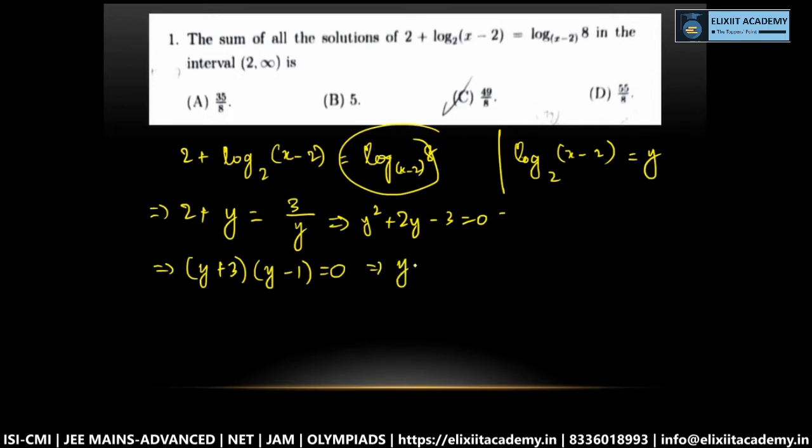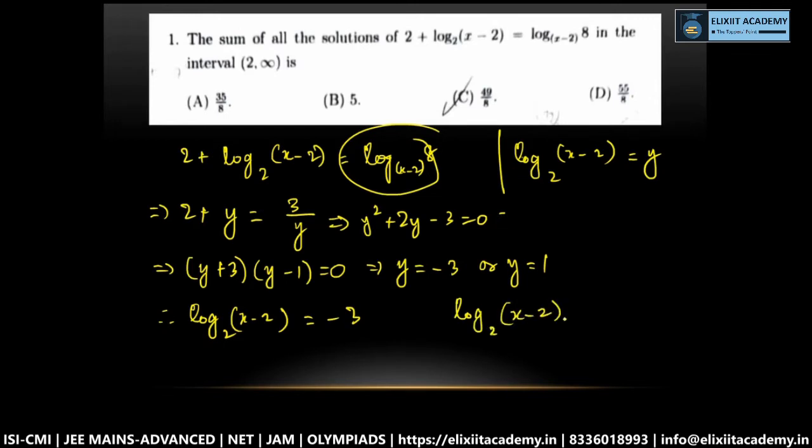So y is minus 3 or y is equals to 1. Now what was y? y was log base 2 of (x minus 2), so log base 2 of (x minus 2) equals minus 3, and log base 2 of (x minus 2) equals 1.